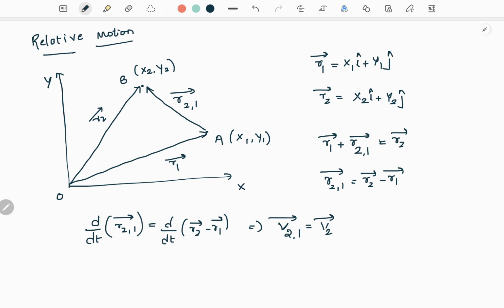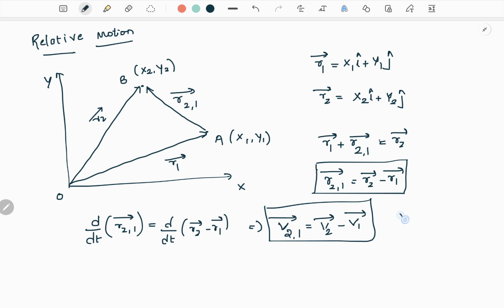So v2 bar would be the velocity of the second body with respect to that fixed frame, with respect to O, minus v1. So this is the velocity of 2 relative to 1. Similarly, we can also write the velocity of 1 as seen by person 2 as the velocity of the first person minus the velocity of the second person.